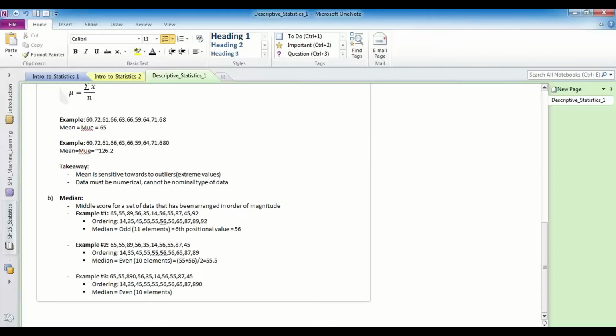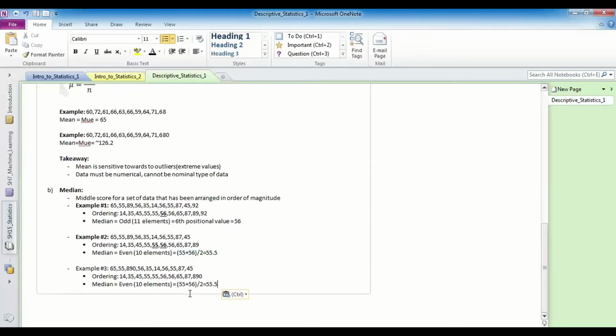I just sorted them in chronological order. Since it is an extreme value, you just move towards the extreme right. So my values are still remaining the same. What is the takeaway here? The median is not sensitive to outliers. Simple. The median is not sensitive towards your extreme values or outliers.